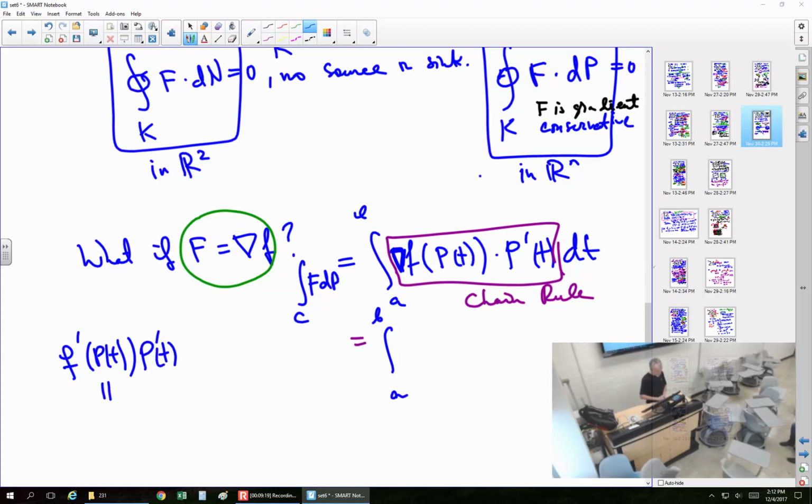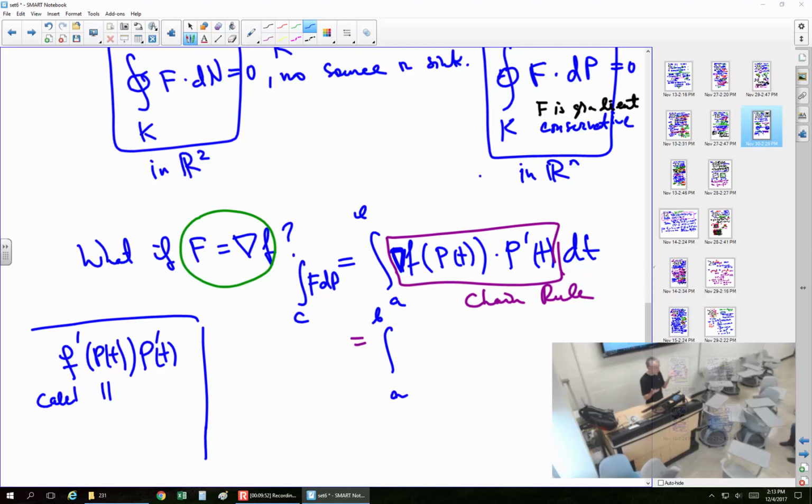What is this equal to by the chain rule from calculus 1? F prime of p of t times p prime of t is equal to F prime. How do we say it? If you don't know how to write it, how do you say it in words?